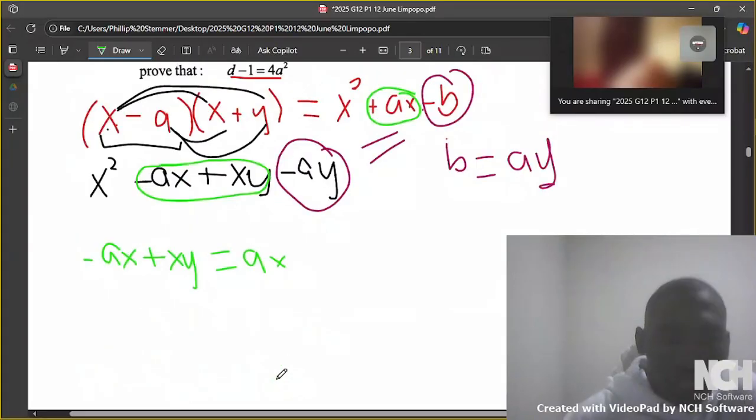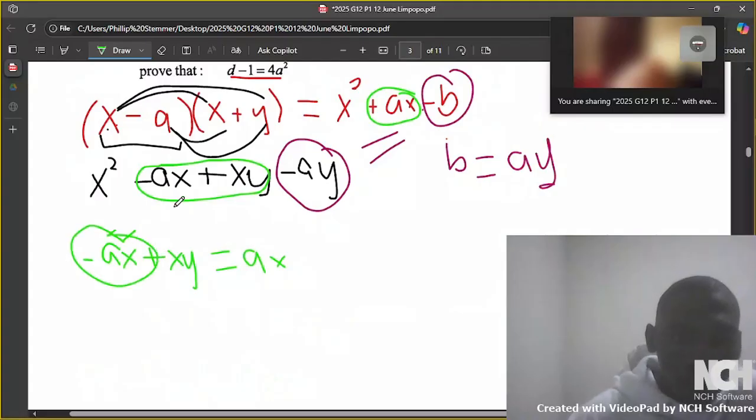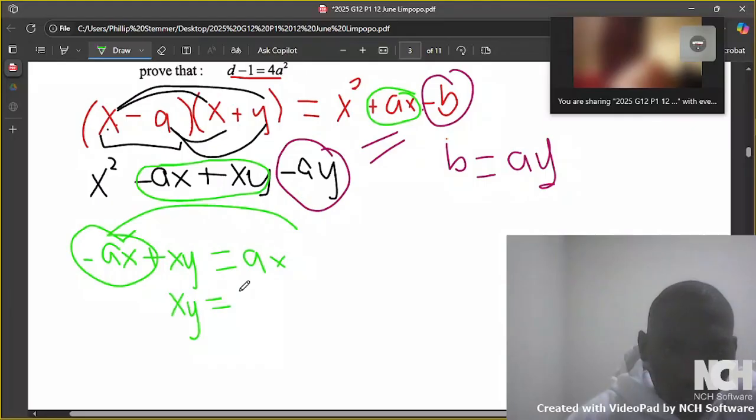Consider equating the terms: xy equals ax, and then divide by x on both sides.